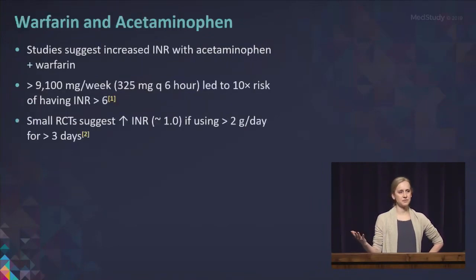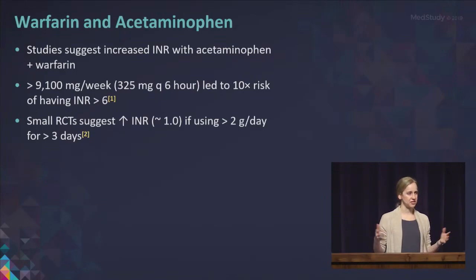The other thing that's important to remember, especially in the days of the opioid epidemic where we're expected to use multimodal pain control for all of our patients, is that acetaminophen also has an important interaction with warfarin. If you take more than 9,000 milligrams a week, which is 325 milligrams every 6 hours, it increases your risk of an elevated INR by 10 times, right? And so when we're supposed to be putting most of our patients on a gram of acetaminophen three times a day, a lot of our patients come very close to this risk.